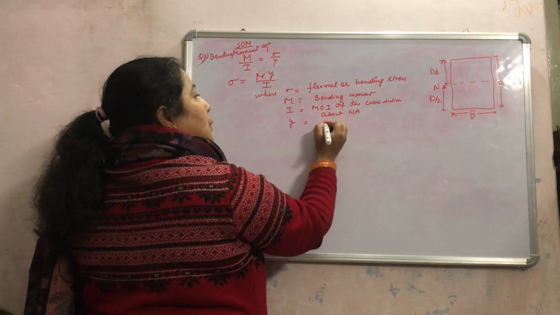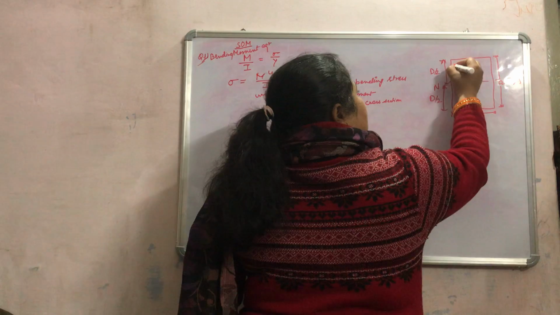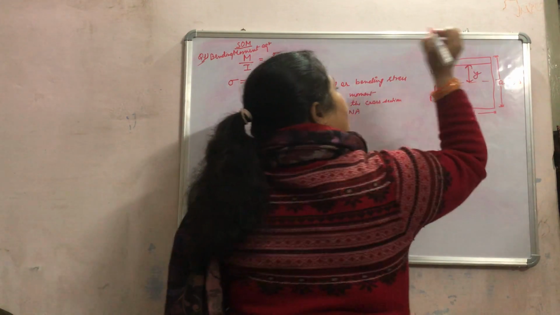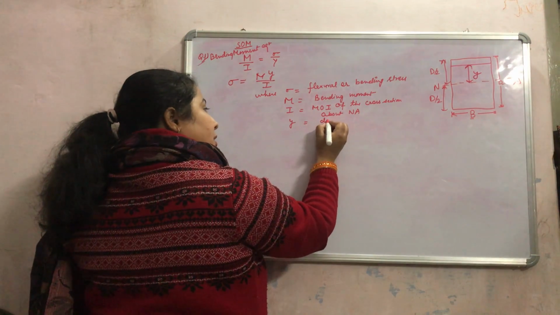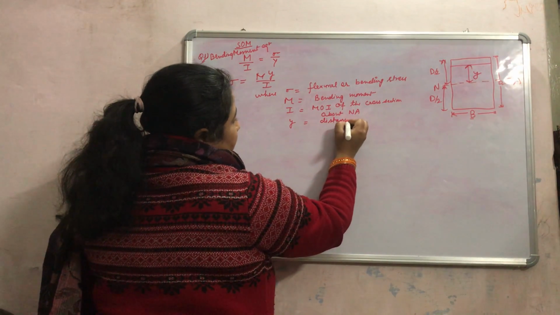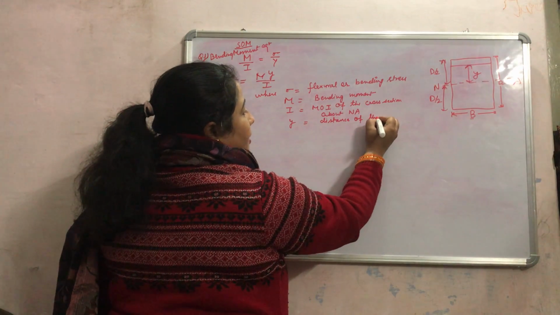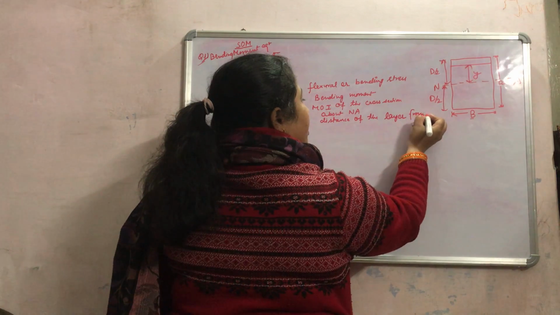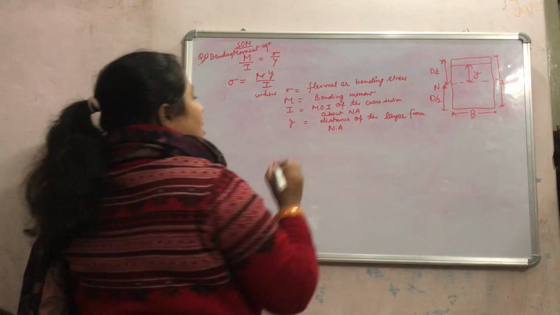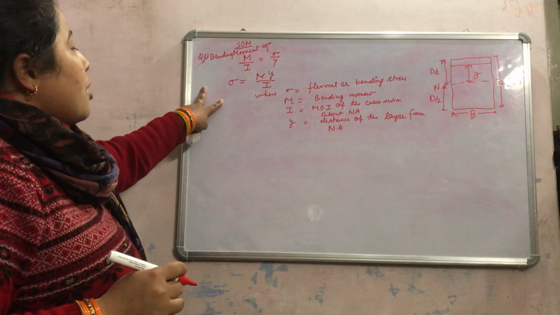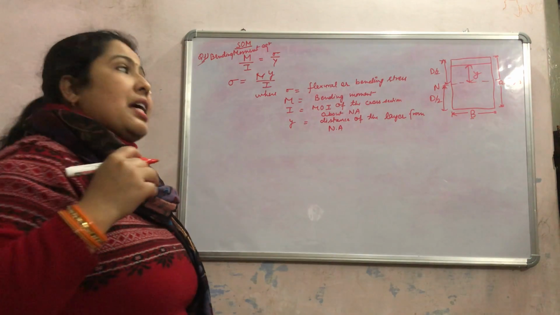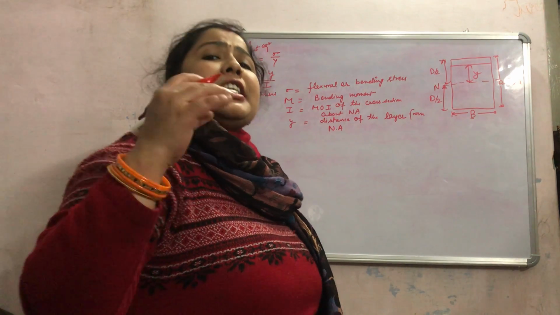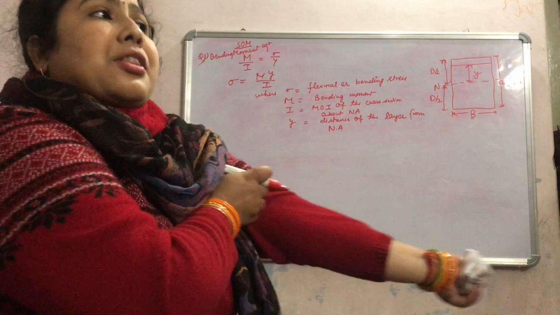and y equal to distance of the layer from neutral axis. So, maximum flexural stress is at that layer which is farthest from the neutral axis.